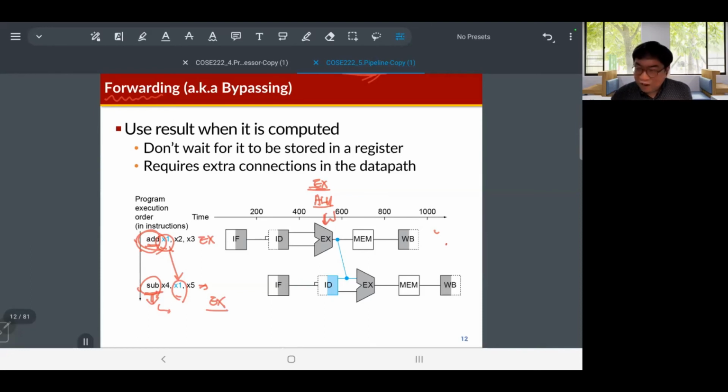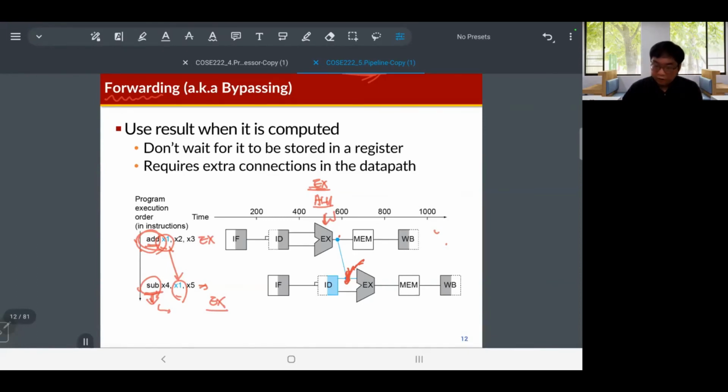It is not found in the register file, but the data exists in the pipeline processor. So this sub instruction can use this data because this is the future. So this point is after the result of the add instruction is produced.